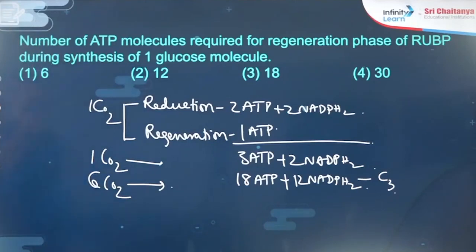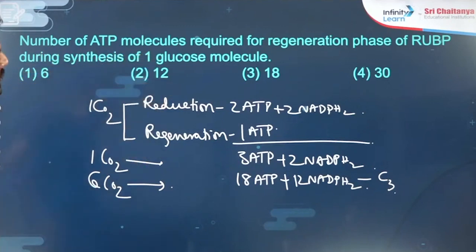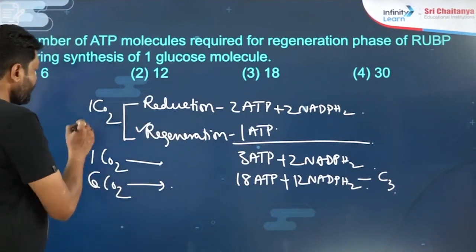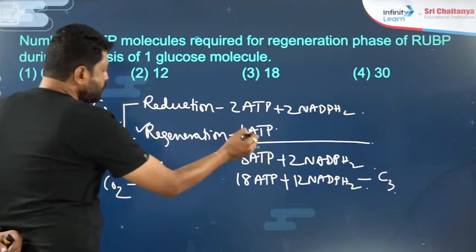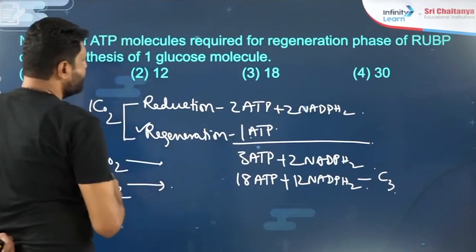Clear? But now read the question. Number of ATP molecules required in the regeneration phase of RuBP during synthesis of 1 glucose molecule. Regeneration phase: 1 CO2, 1 ATP. 6 CO2, 6 ATP is required.